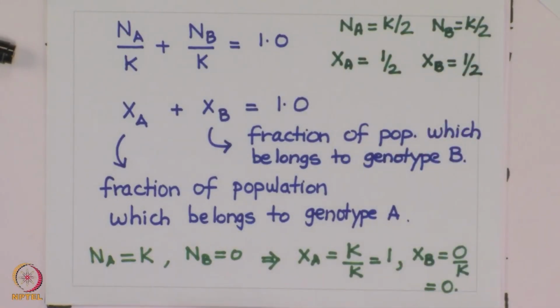But at all points in time, no matter what the individual numbers are that these 2 species are operating at, the fraction of the population which belongs to type A plus the fraction which belongs to type B, when these 2 are added together, gives a constant sum equal to 1. This is because the total population size is equal to K at all instants of time.